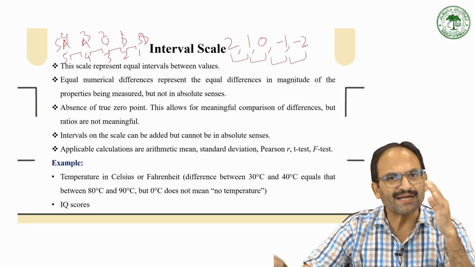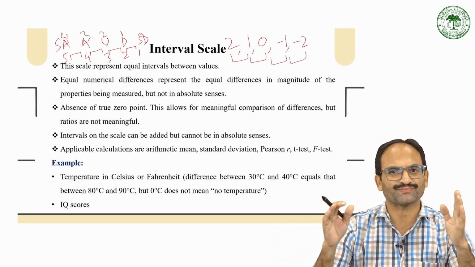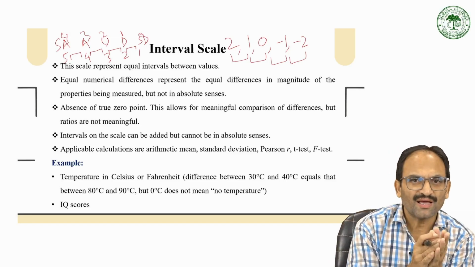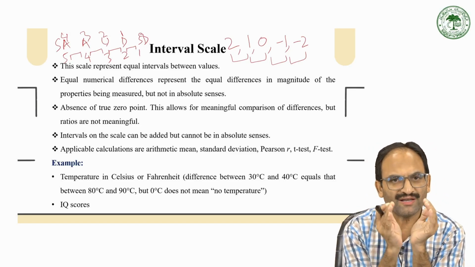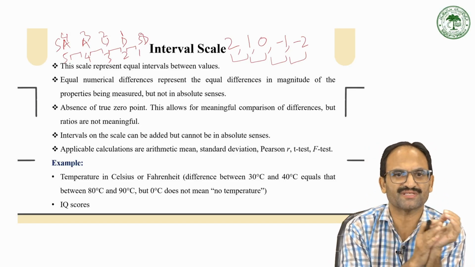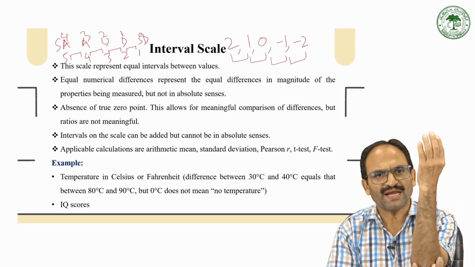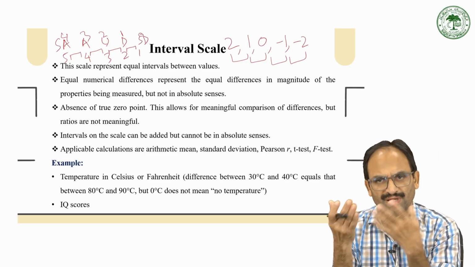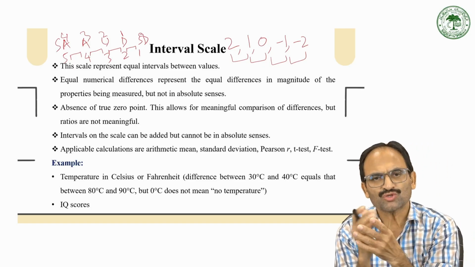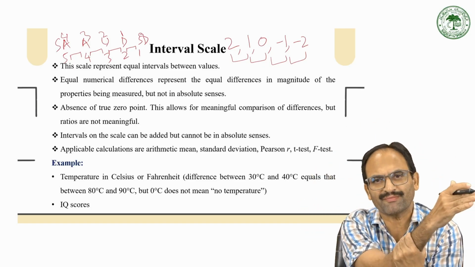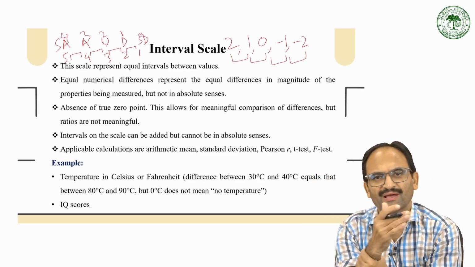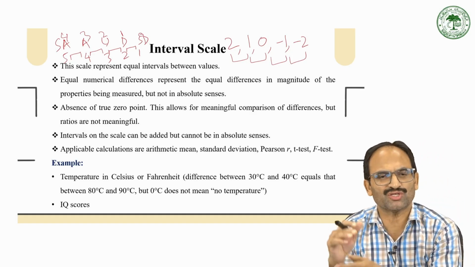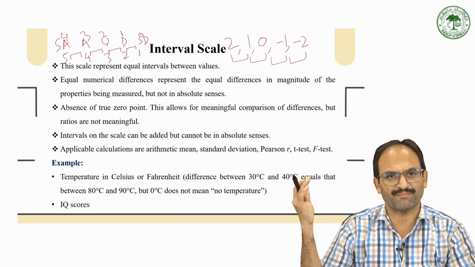So in interval scale, basically what happens, you will find the difference between successive intervals is the same. So it gives equal numerical differences, as I have explained. Whatever trait we are measuring, there will be an equal difference in magnitude of the property being measured.